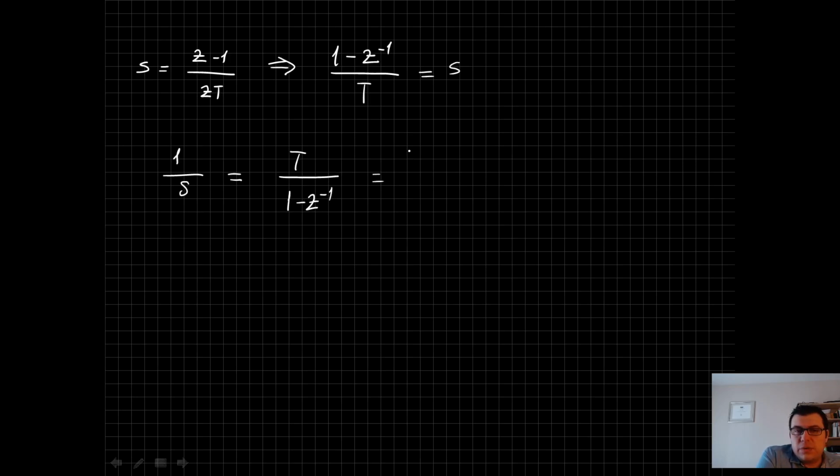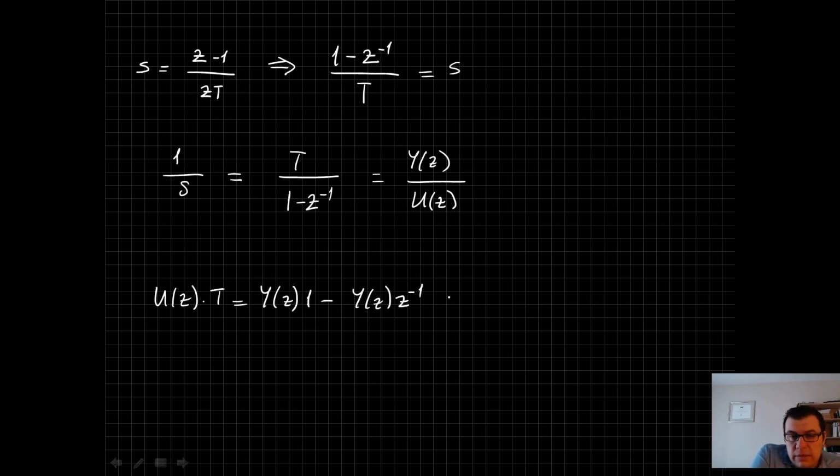Which is equal to Y of z over U of z. And if you make cross multiplication, you can write here that U of z times T is equal to Y of z times 1 minus Y of z times z to the minus 1.